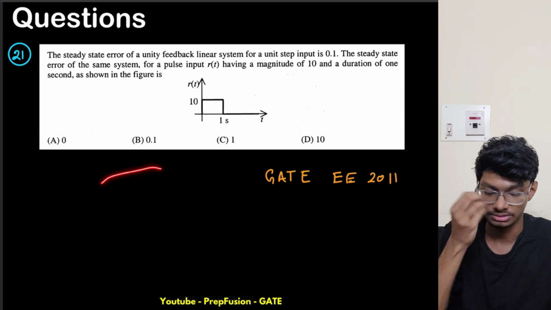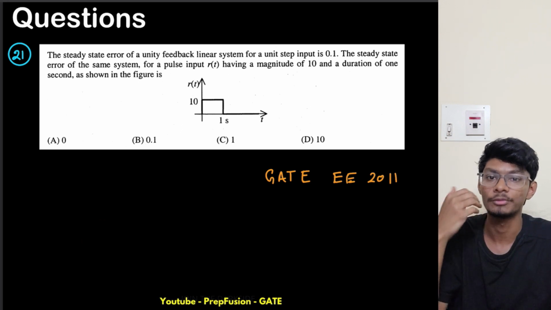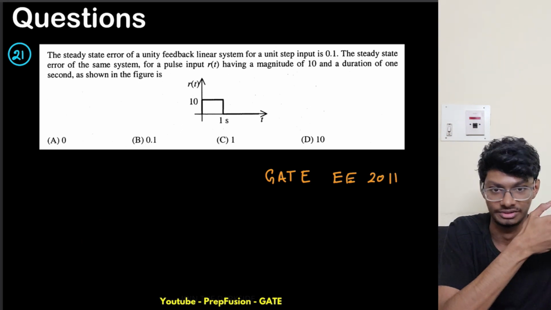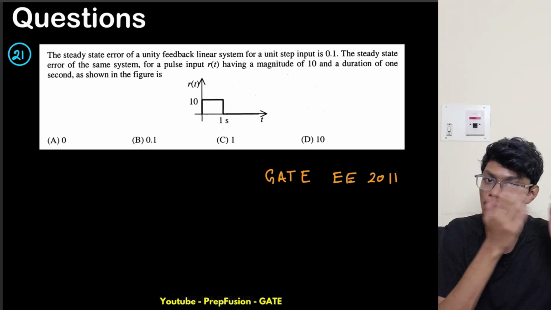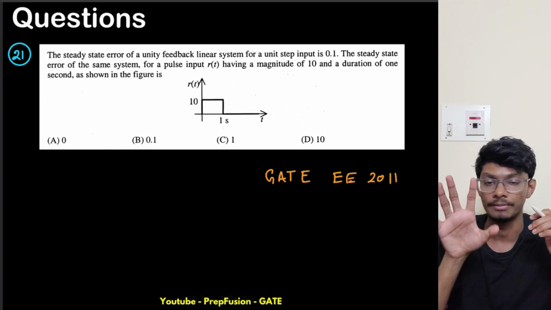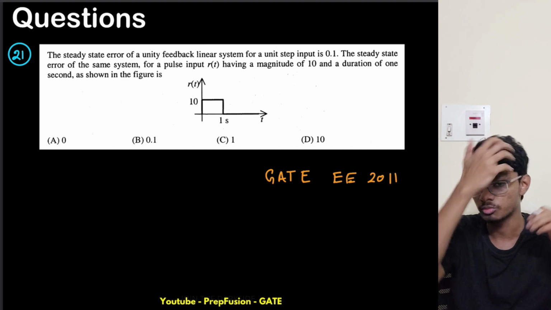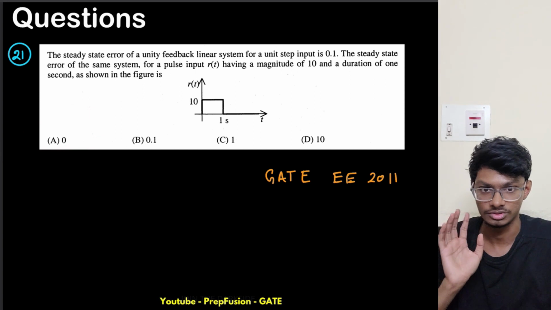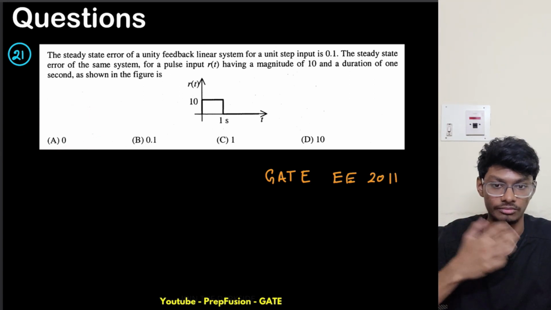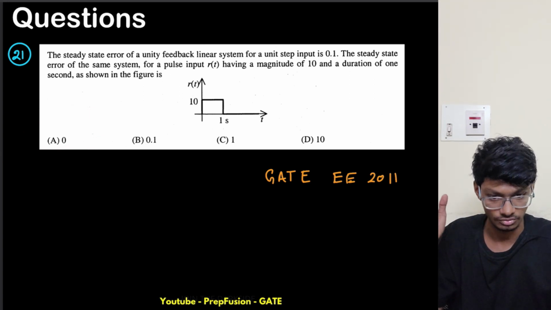If I apply impulse, then I take it away, then the input is 0. If my input is 0, obviously my system output will also be 0, right? Nothing will be present. From where will the energy come? So I'm taking away the input, and the output is also 0. So what will my error be? Error will be 0 only. You can think of it like that, but obviously through equations we will prove this one.